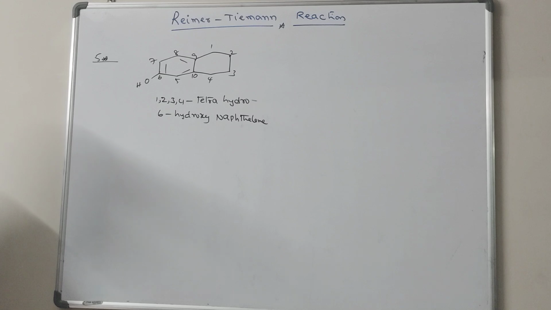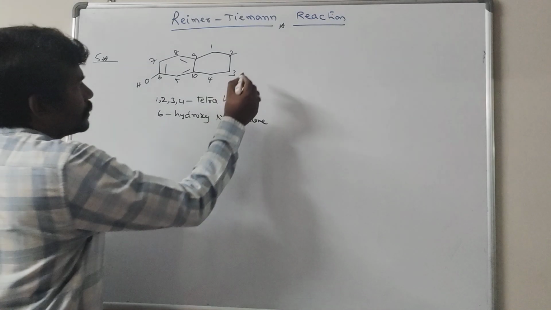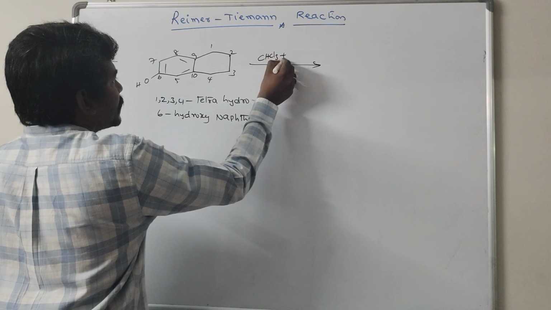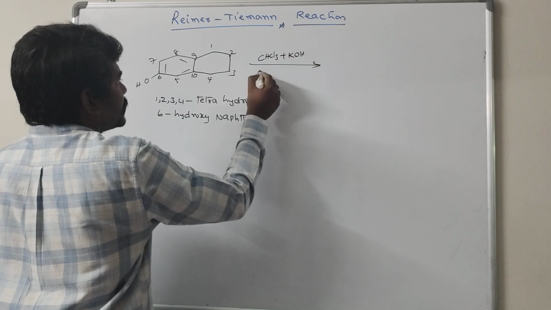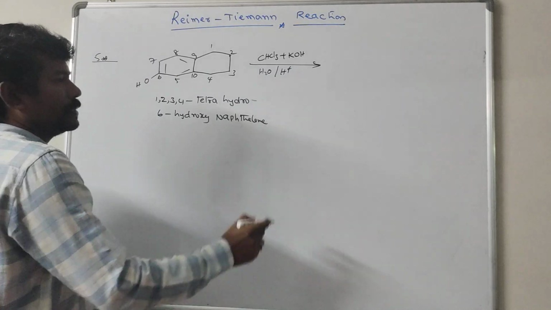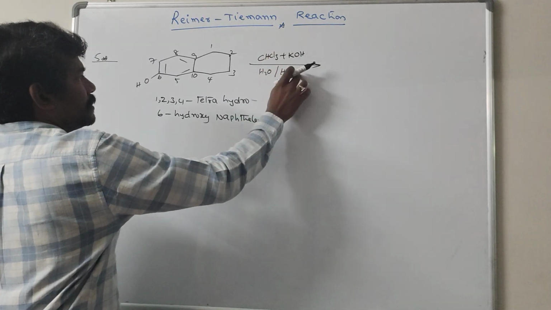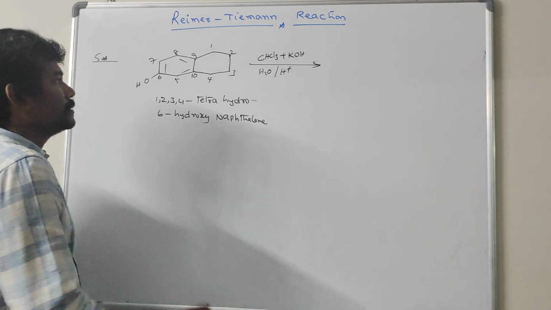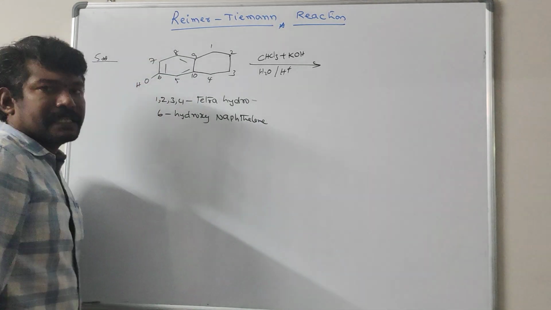There is formation of two products, expected and unexpected. Automatically we know the reagents CHCl3 plus KOH and H2O followed by H plus. When we see these reagents on the arrow, definitely the compound undergoes a Reimer-Tiemann reaction, and the substituted aldehyde is formed.